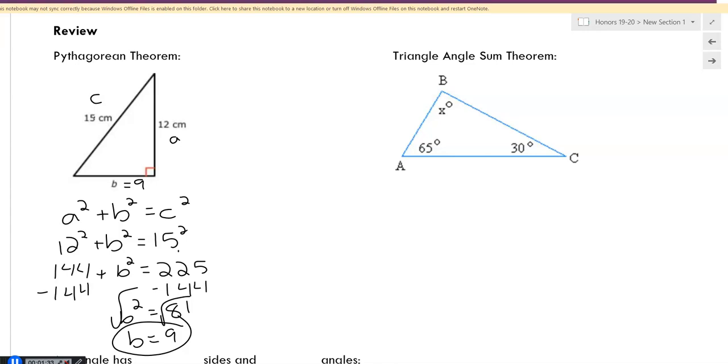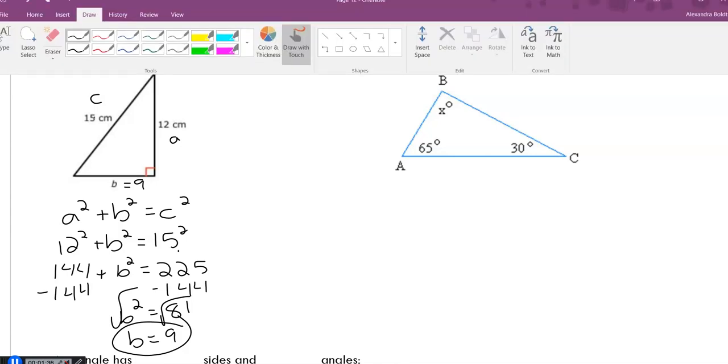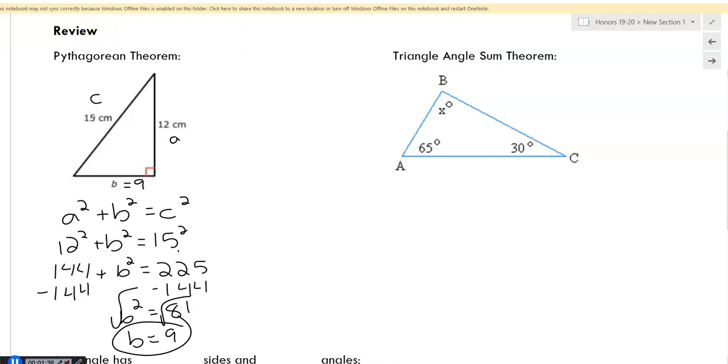And then the triangle angle sum theorem. Remember, the triangle angle sum theorem says that all the angles in a triangle add up to 180. So that means this 65 plus 30 plus x is going to equal 180. So we have 95 plus x equals 180.